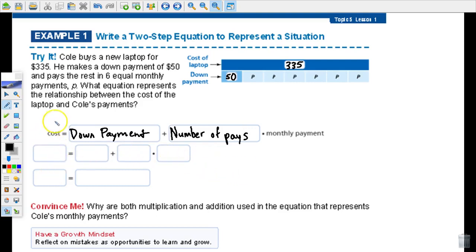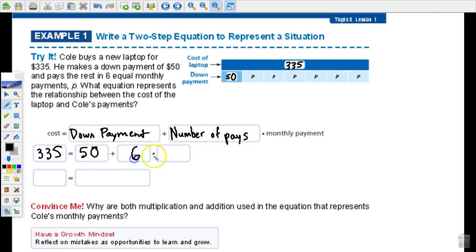So the cost, boom, 335. Very simple. Okay. The down payment, I'm just plugging these numbers in. That's all I'm doing. And then pays the rest in 6 equal monthly payments.